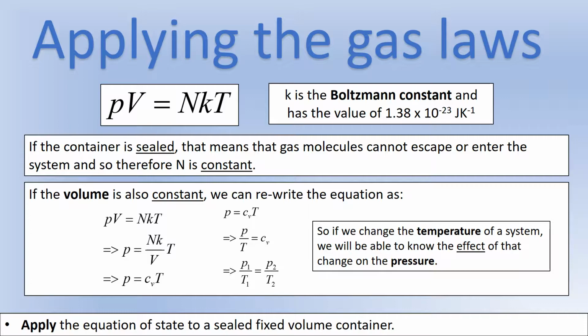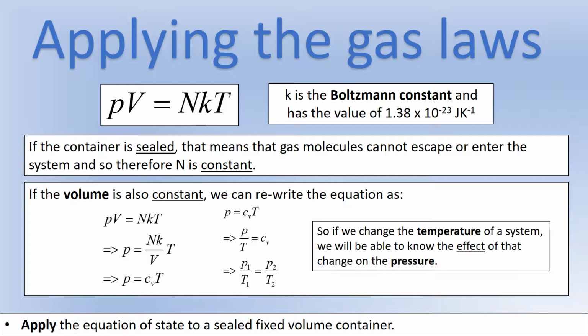So the first scenario we're going to look at is if we've got a sealed fixed volume container. So just one thing to draw your attention to. We've got the equation PV equals NkT. The k, the constant, is known as the Boltzmann constant, and it's named after a German scientist, Boltzmann. It has a specific value of 1.38 times 10 to the minus 23.